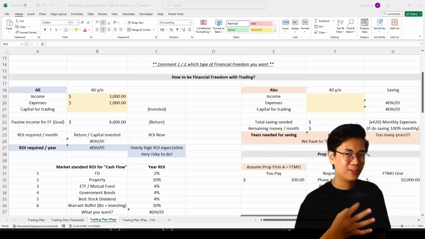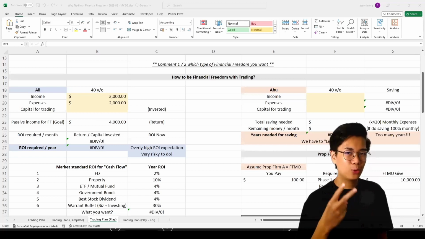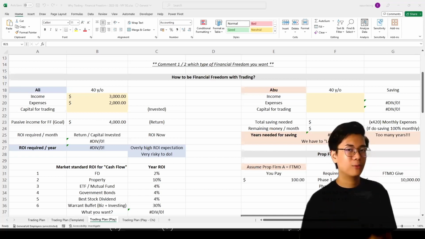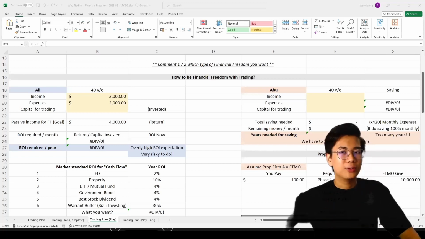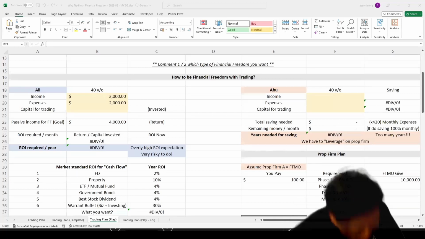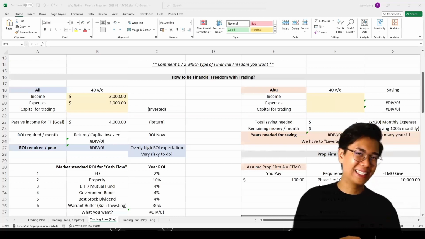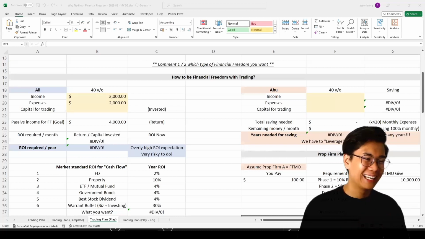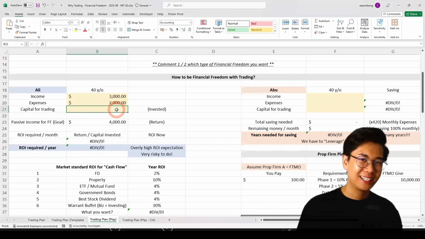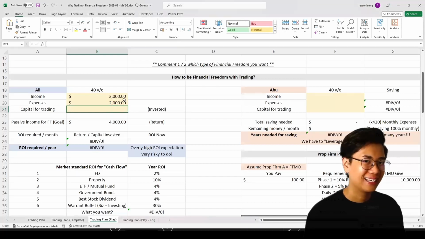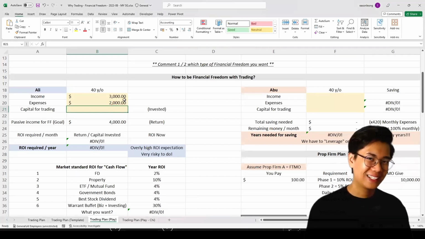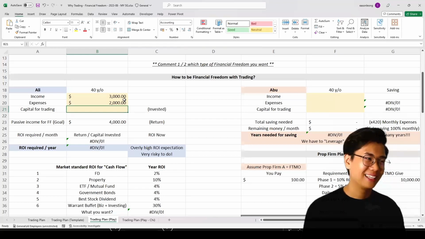At 40 years old, with 3K salary, 2K expenses, roughly how much do you think you have to trade? And why is it getting lower? 200 only. Okay, Leaping 10,000. Okay lah. Recession 200 for saving. Okay lah.